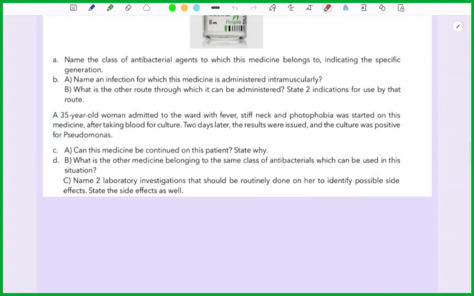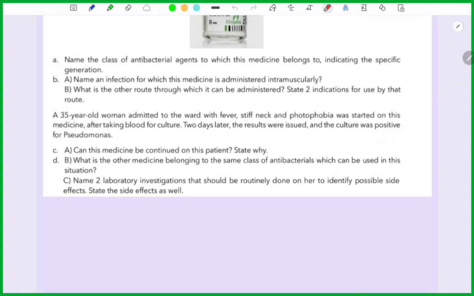Then the question: a 35-year-old woman admitted to the ward with stiff neck and photophobia was started on this medicine, Ceftriaxone, after taking blood for culture. That's the normal way we do it: after taking the blood culture, we start the antibacterial therapy. 2 days later, the results were issued.